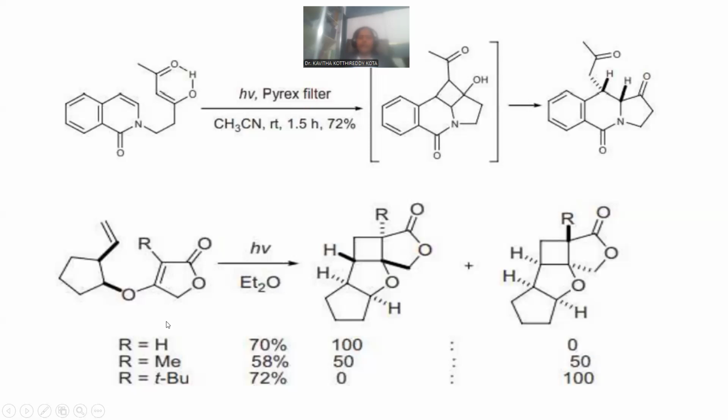These three are the essentials for the De Mayo reaction, so that they will participate in the ring closure reaction in such a manner that the cyclobutane intermediate is formed by the 1,3-diketone and alkene. Definitely it will be the De Mayo reaction only. Here is the cyclobutane derivative generated, here is the ketone which is already present.